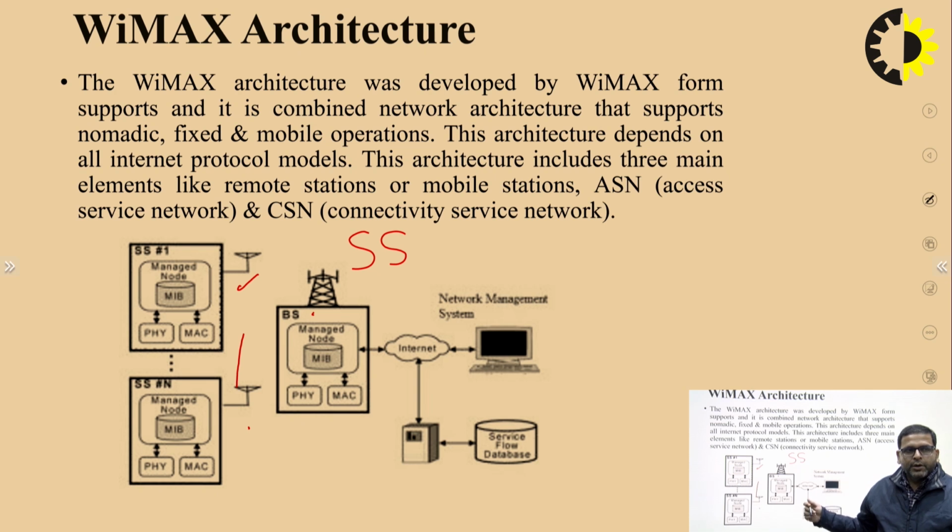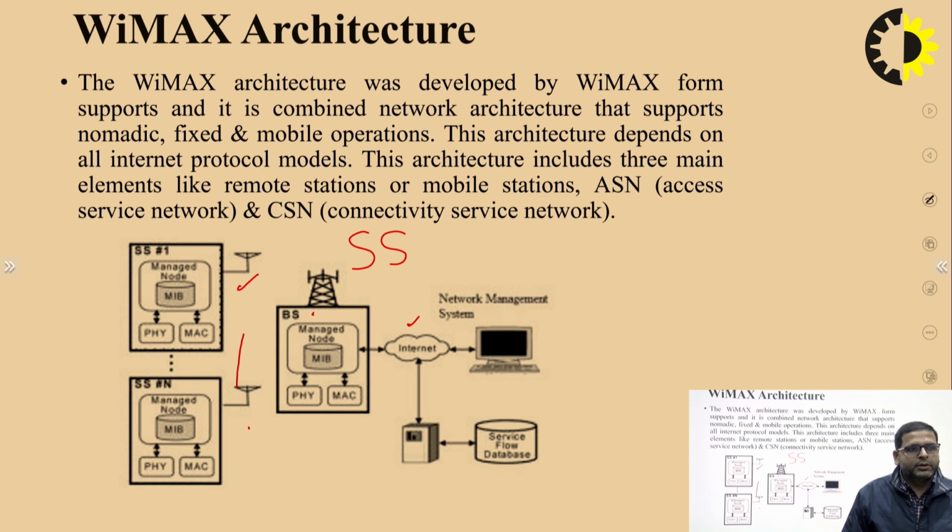Further, the base station is connected with the internet, and this internet is also connected with different network management systems. So this is the basic architecture of WiMAX technology. The subscriber stations contain two parts, the physical layer and the MAC layer, and these are the managed nodes through which the subscriber station communicates with the base station.